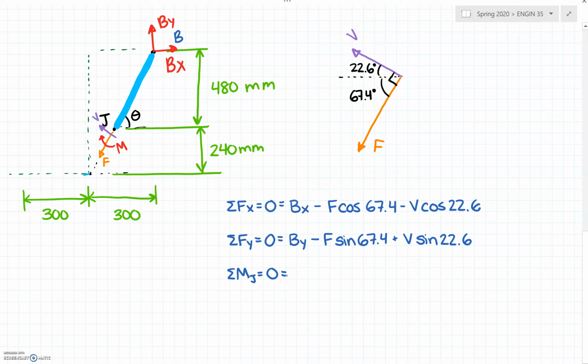I've drawn that bending moment here in the negative direction, so I'm going to write negative M. Then I have the moment caused by Bx, which is a minus Bx times the moment arm of 480. And then plus By times the moment arm of 300.